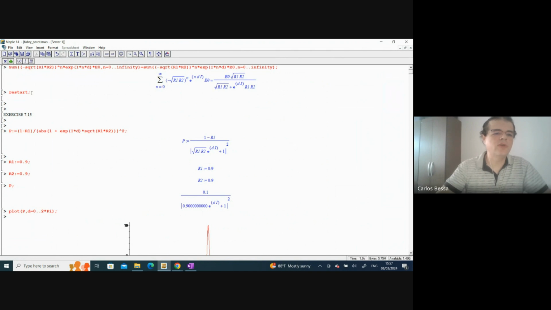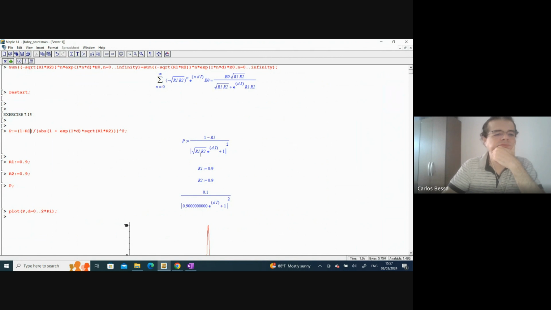So here I just define our expression, equation 7.55. Remember that this big P here is P cavity over P in, the incident power of the light. So this is the expression. Okay, 1 minus R1. This D here is the phi in the expression, I put just a D. This I is the complex i, and this R1 and R2.